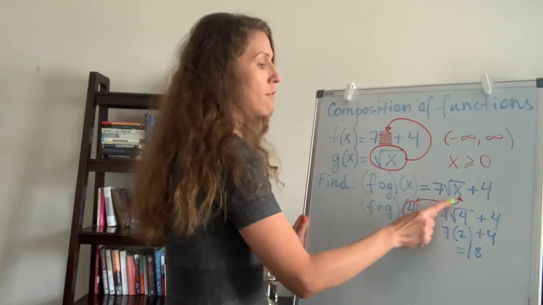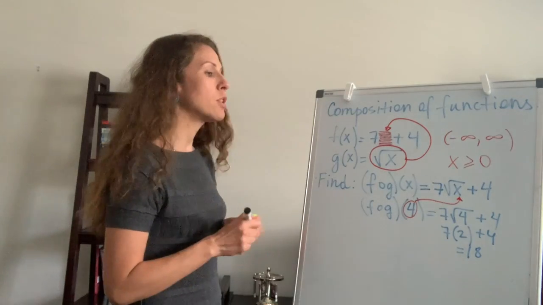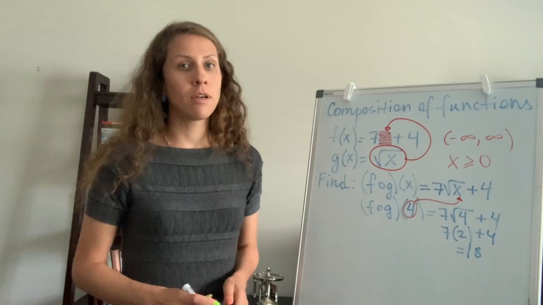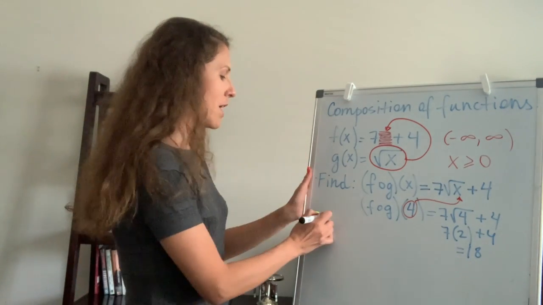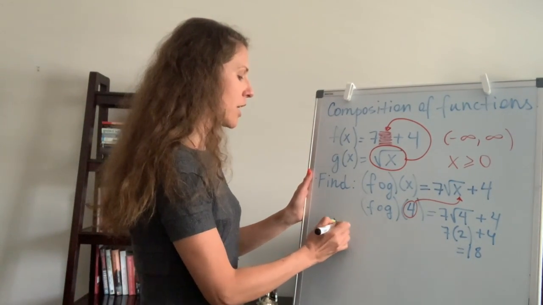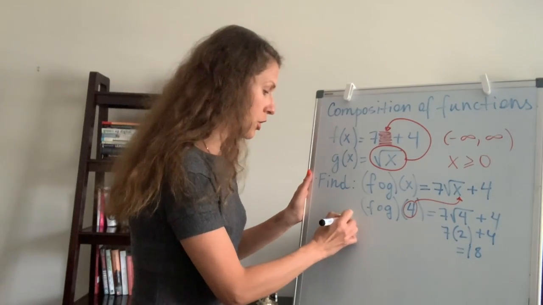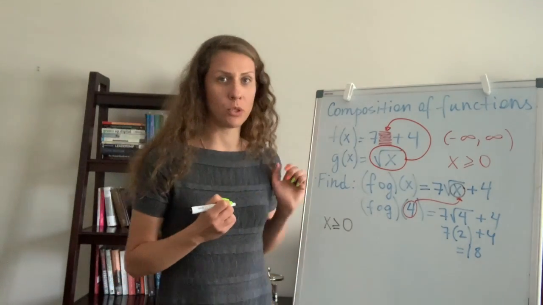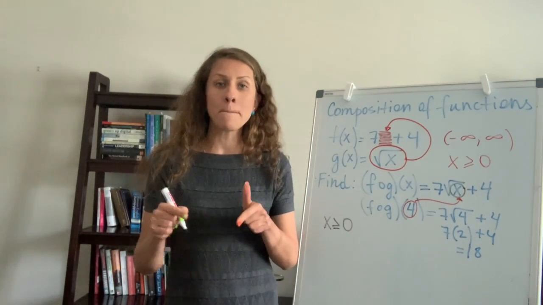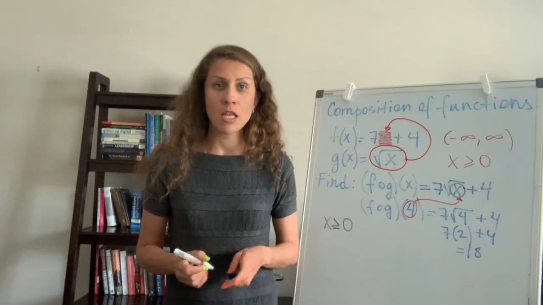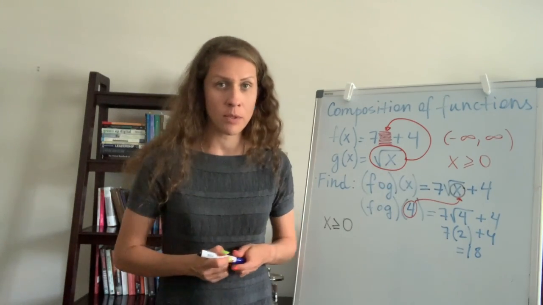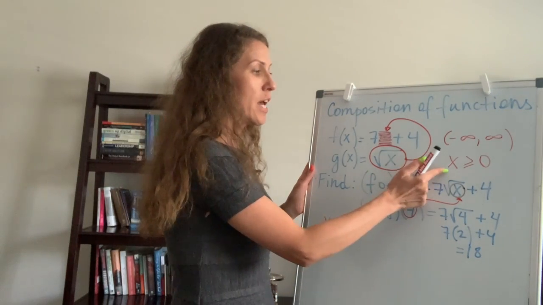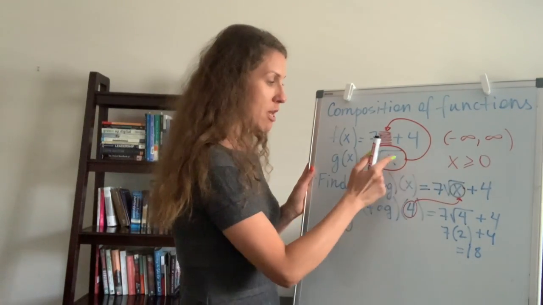Under the square root you have an x, so you have to say x is greater than or equal to 0, because whatever is under the square root in your composition has to be greater than or equal to 0. And then you need to combine it with the domain of the second function in the composition. So the second function in the composition is g, and x is greater than or equal to 0 was the domain of g.